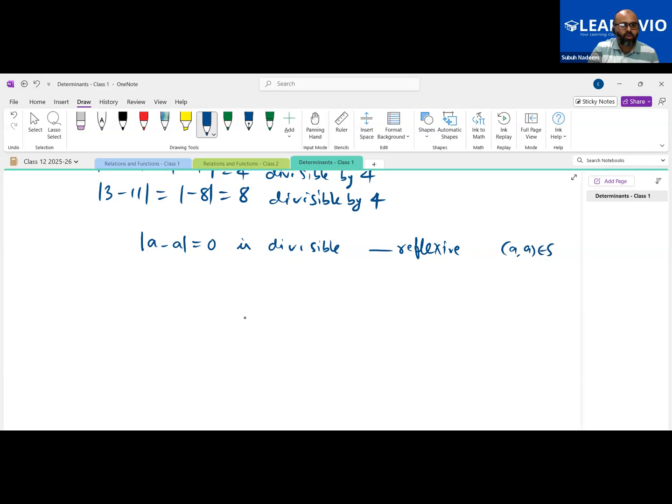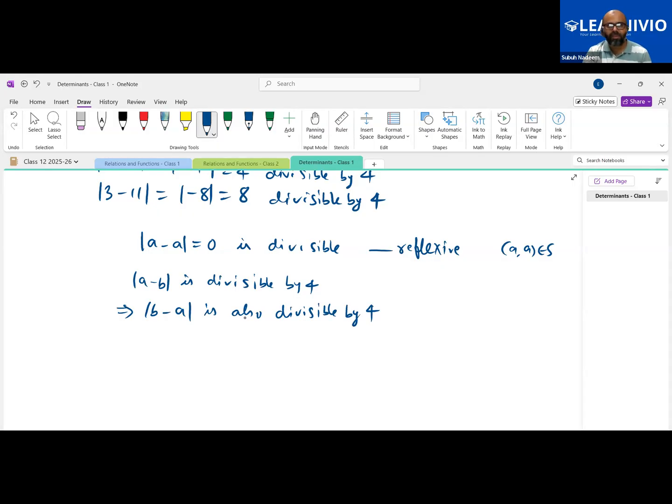Now for symmetric, if mod of a minus b is divisible by 4, this simply means that mod of b minus a is also divisible by 4. If you take the opposite also, like 3 minus 7 is minus 4, and mod of minus 4 is 4, and if you take 7 minus 3 mod, then also it will be 4. So it is symmetric also.